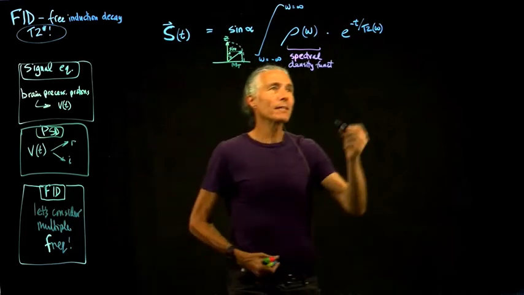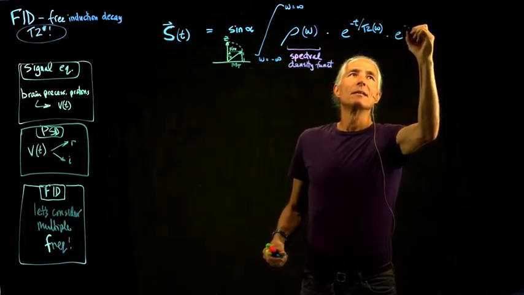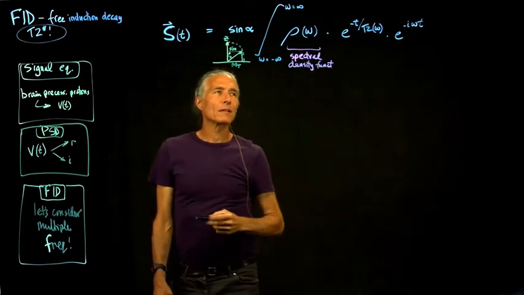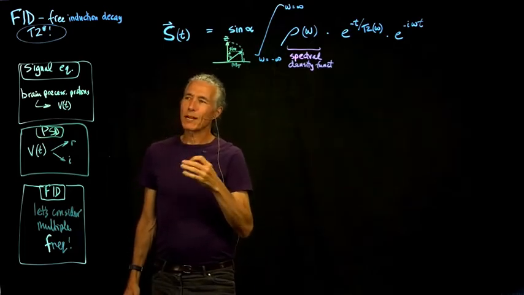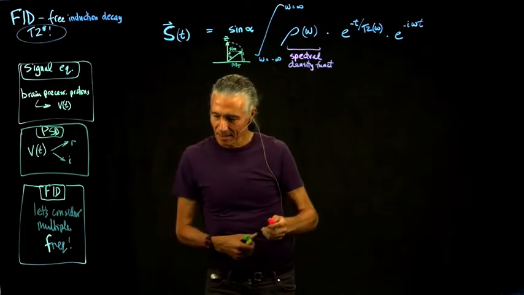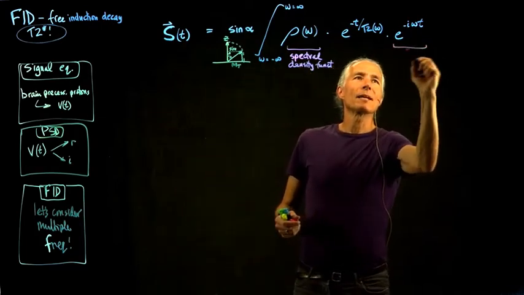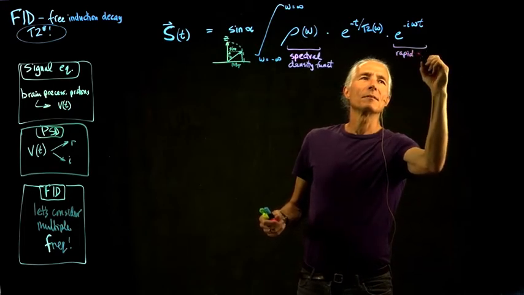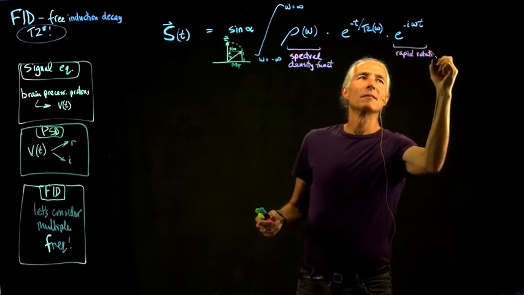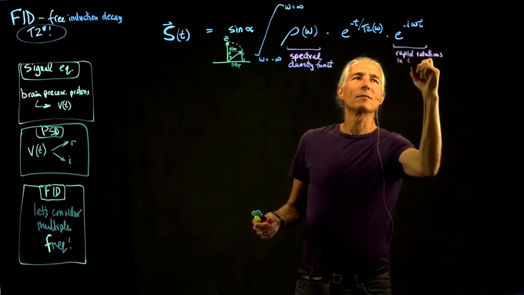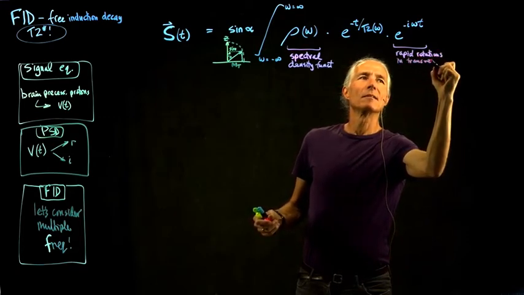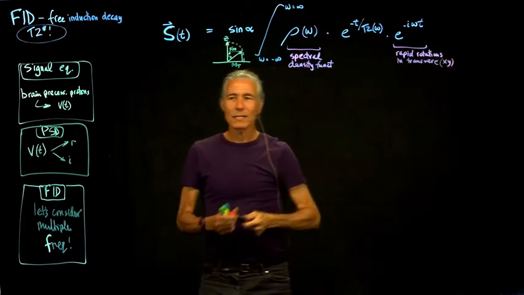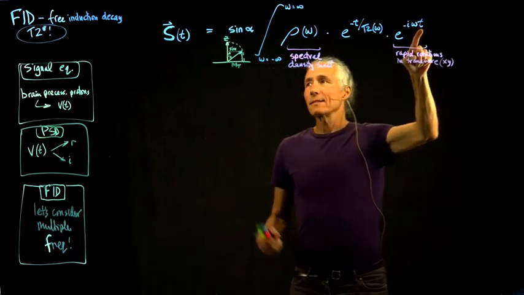And then finally, there's the rapidly rotating component, these rapid oscillations, the 123 million rapid rotations in the XY transverse plane, as a function of time.